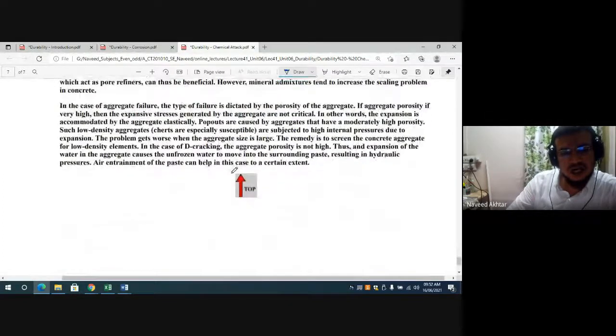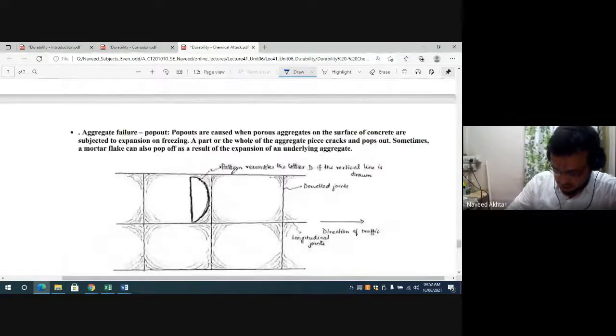So all these are the issues related with the durability of the concrete, and this is all about the durability and the factors affecting the durability we have seen today.